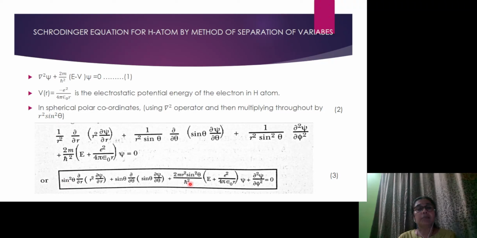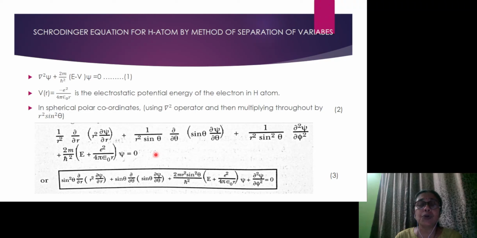Here please remember how we are going to proceed. We want to simplify this second order differential equation. Now it contains all three variables, r, theta and phi. We want it to be converted into three differential equations, each containing only one variable: r, theta and phi.